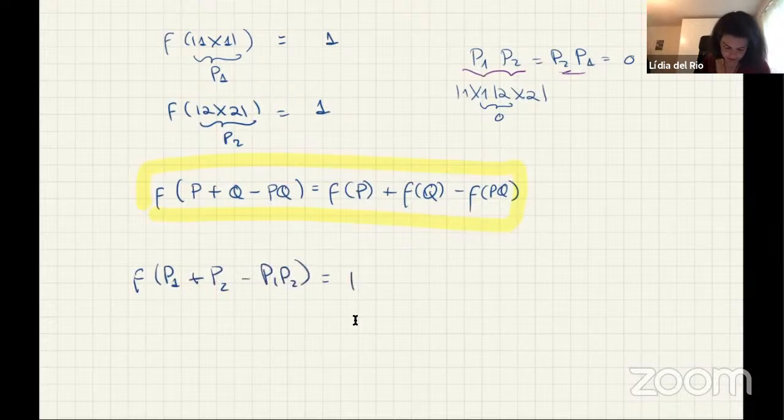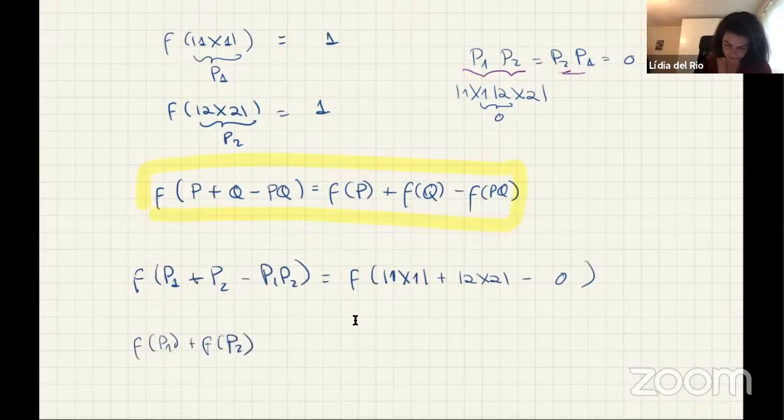Well, that's f of |1><1| plus |2><2| minus 0. And on the other hand, on the right-hand side, we had f of P1 plus f of P2 minus f of P1 P2.